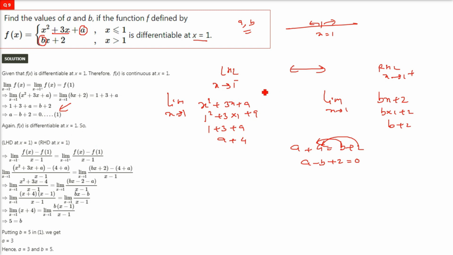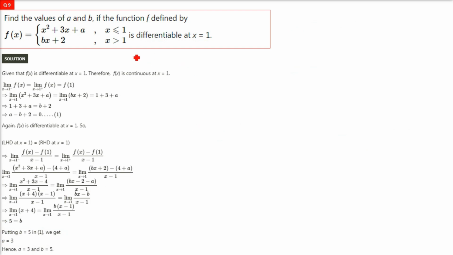Now we have checked for the continuity, we got the one equation. Now we'll go for the differentiability. So let me just clear it up, and we'll be discussing the differentiability here. In order to get the differentiability, left hand derivative and right hand derivative, that is what we are going to find out. And the formula remains the same, f(x) minus f(c).